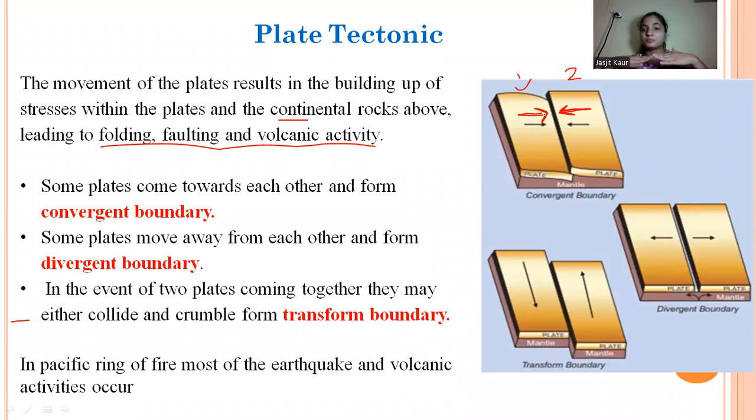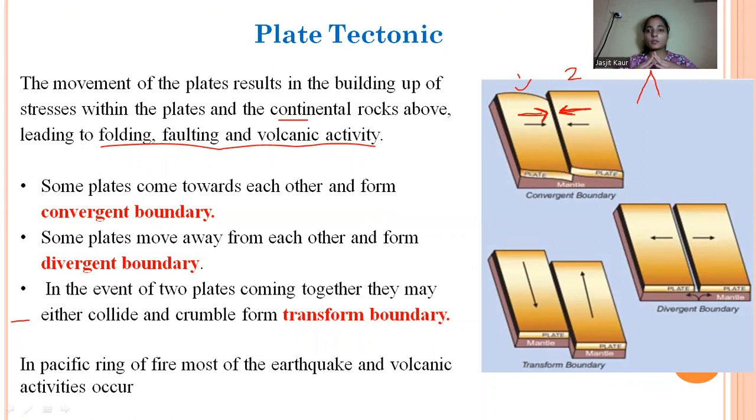So now tell me, suppose two plates are on the land, in the inside of the earth. When two plates come close to each other, what kind of process will happen? Folding or faulting? Folding basically means when we fold a paper or anything, the structure will be upraised.